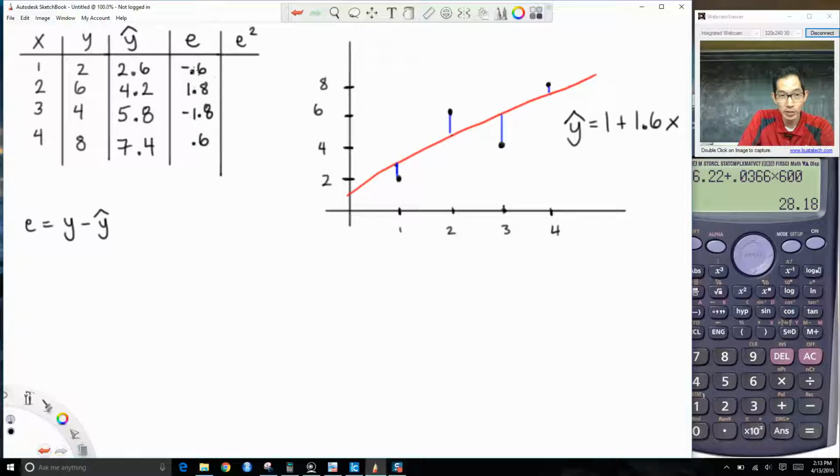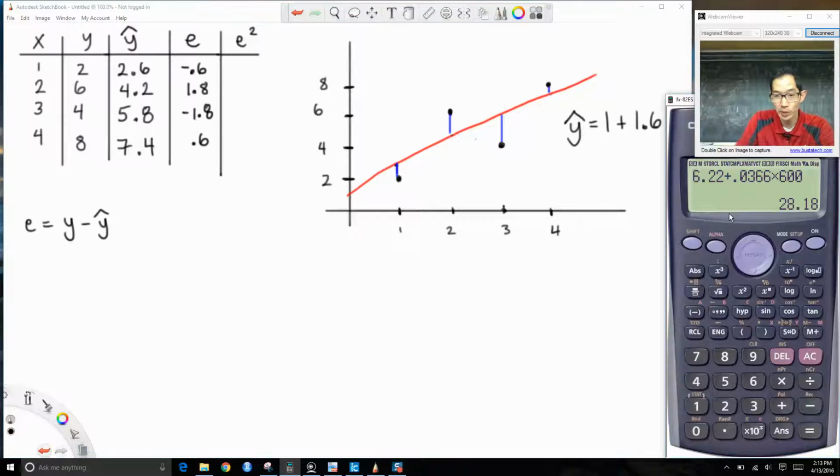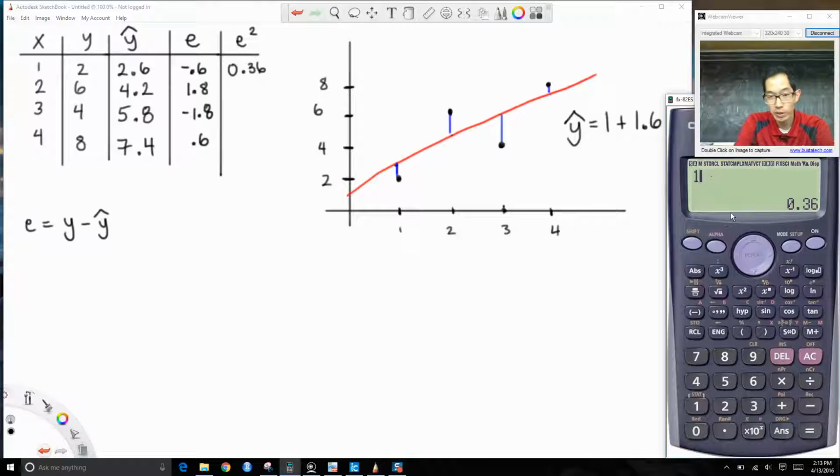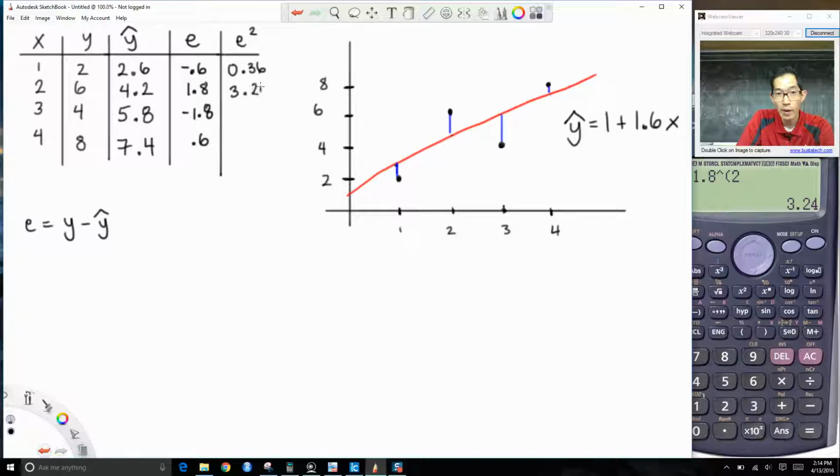Okay, and then we can look at the squared error. So what's 0.6 squared? Well, 0.6 squared is 0.36. And what's 1.8 squared? 1.8 squared is 3.24. And then I will have 3.24 here as well, and 0.6 squared is 0.36.